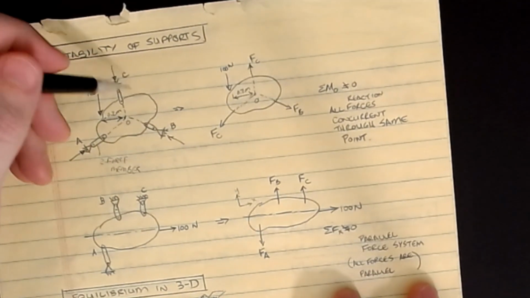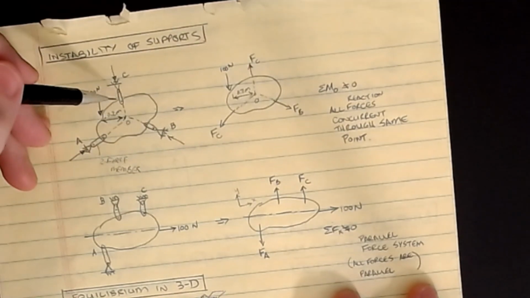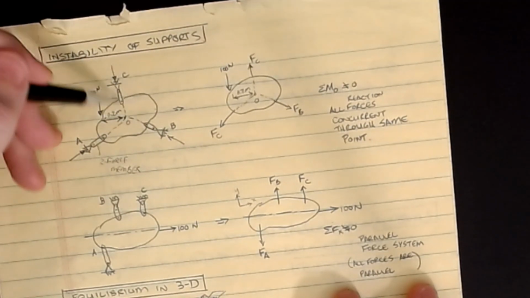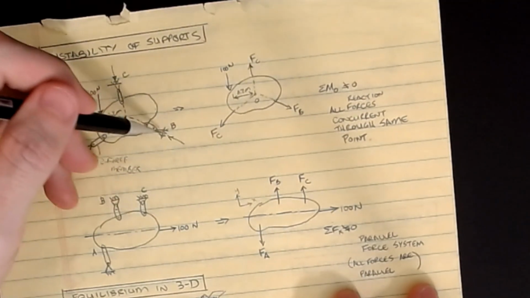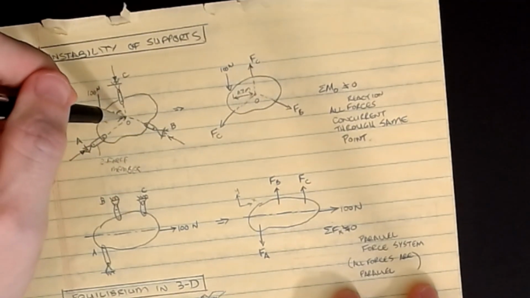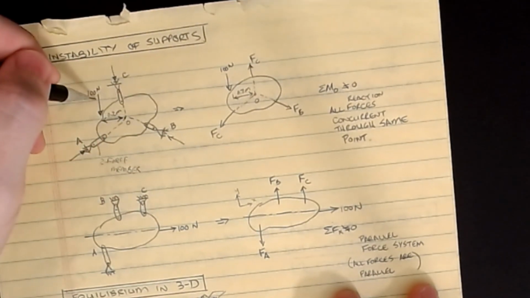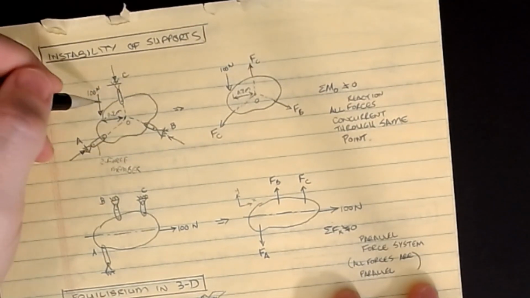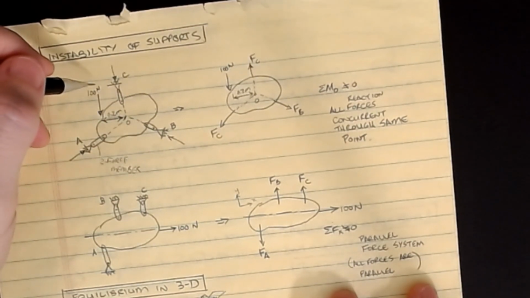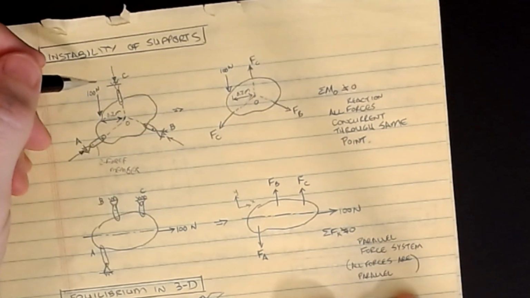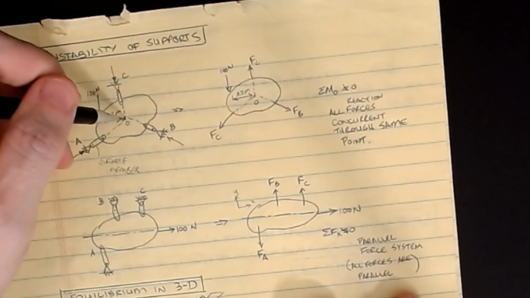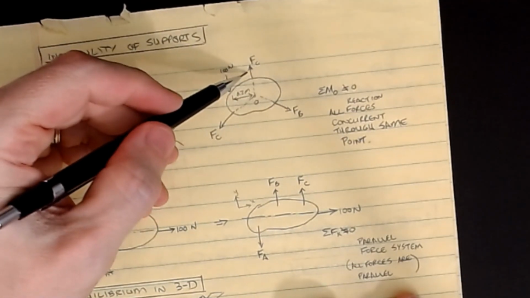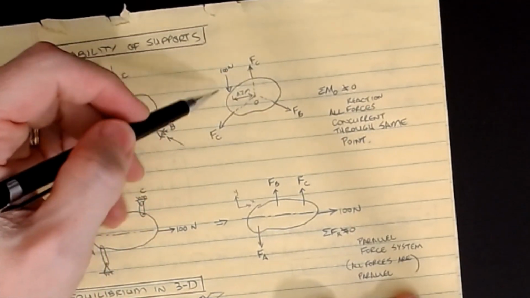If you have a series of these linkages such that the lines of action of the linkages all meet at a common point, and then I apply a force somewhere that's not at that point, this object is no longer in equilibrium. And that's, again, because the force in the linkage acts along the line. So if we draw our free body diagram, this is the valid free body diagram for this picture.